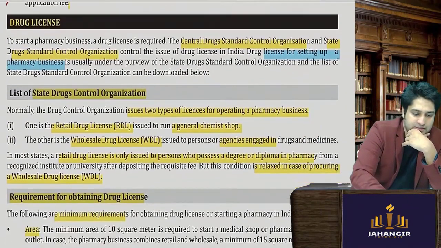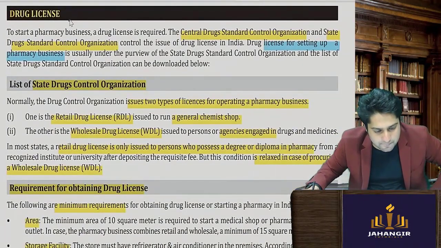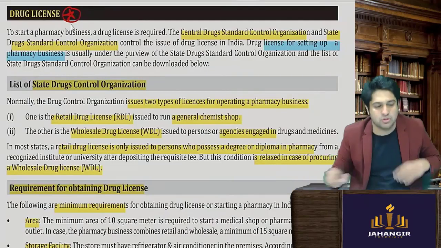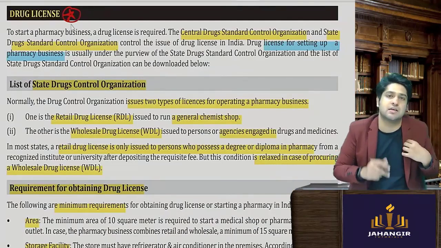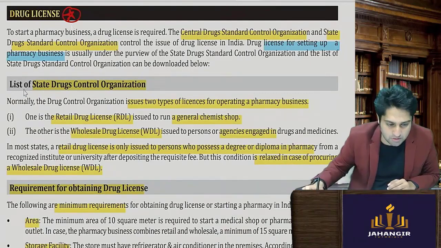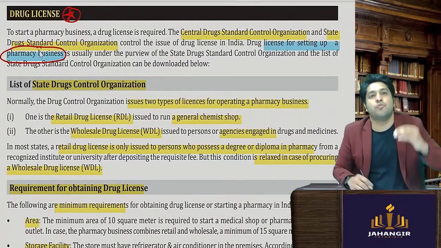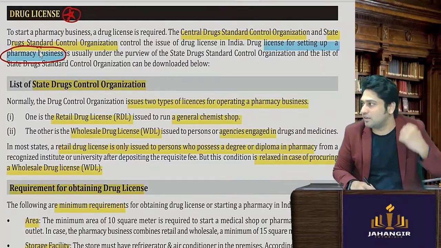Now drug license. Again past exam question, very important. Okay. So drug license is about setting up a chemist. It is about pharmacy, chemist. For that we have a regulator.